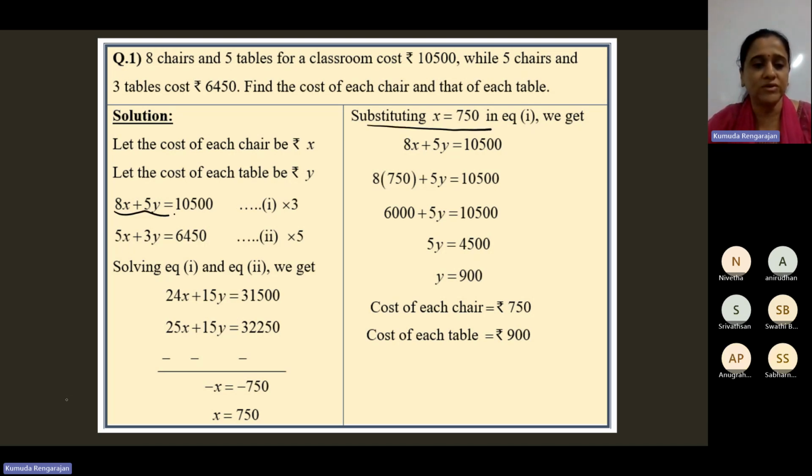What is equation 1? 8x plus 5y is equal to 10,500. But what is x? 750. So 8 into 750 plus 5y is equal to 10,500. When you work this out, you find the value of y. So the cost of one chair is 750 rupees and one table is 900 rupees.